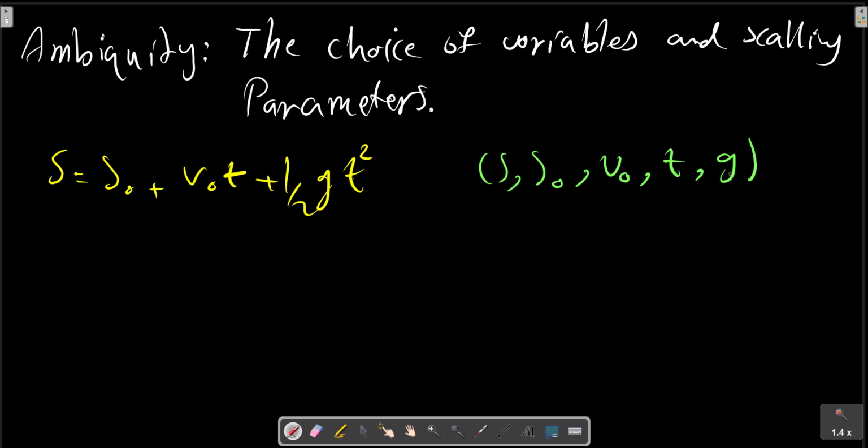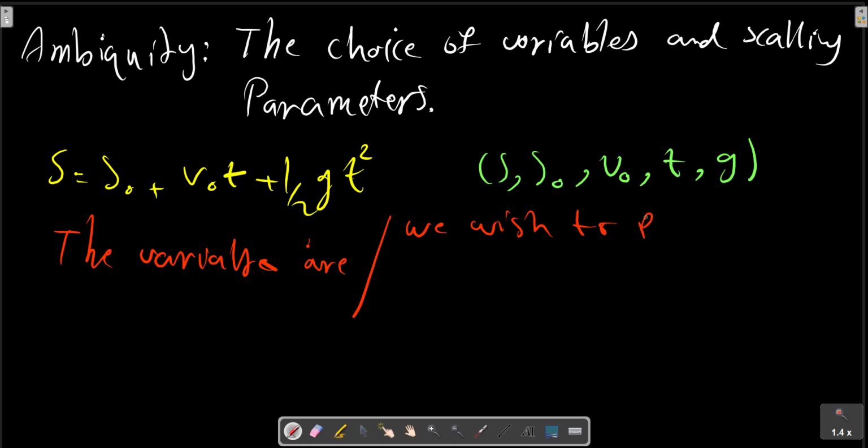The variables are the things we wish to plot, the basic output of experiment or theory.